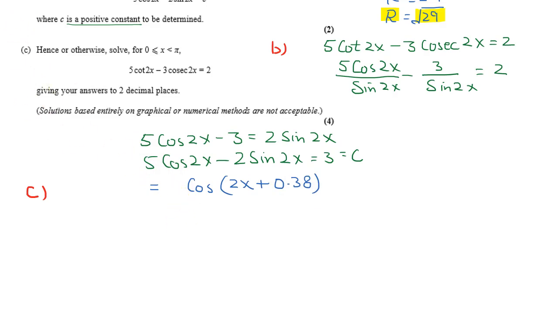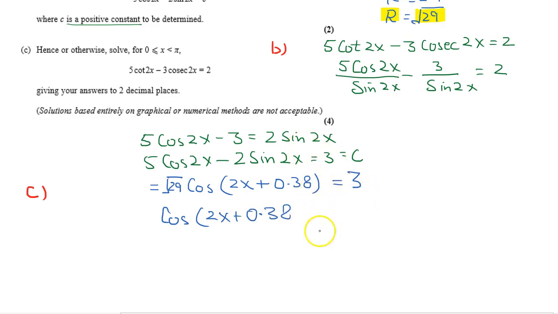So r is equal to root 29. So this equation can be written in this form, equal to 3. So cos(2x plus 0.38) is equal to 3 over root 29.